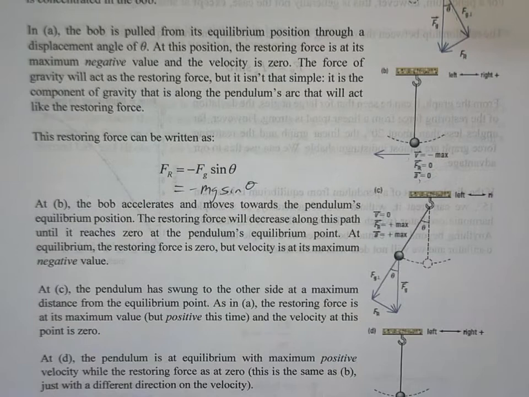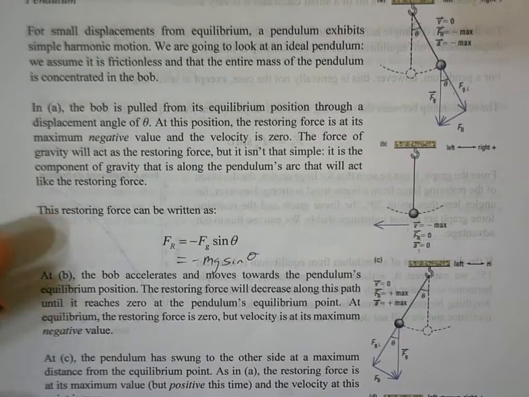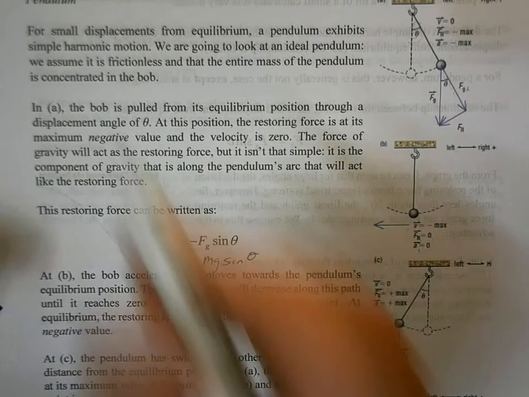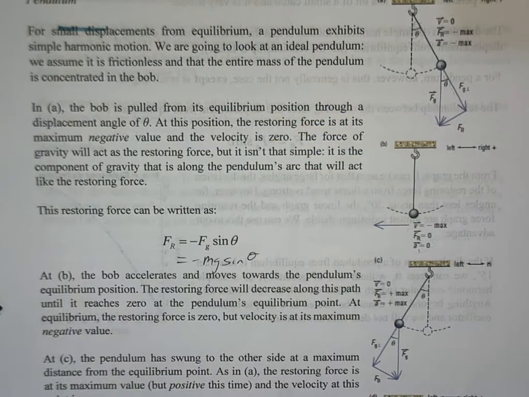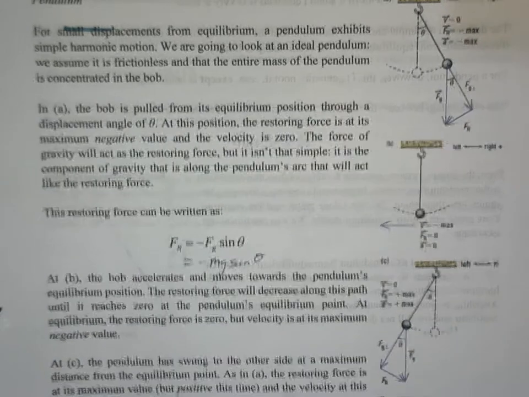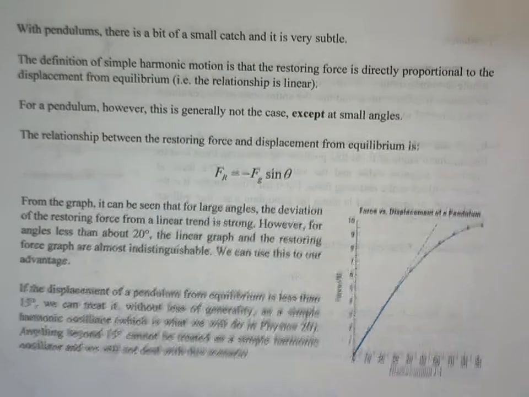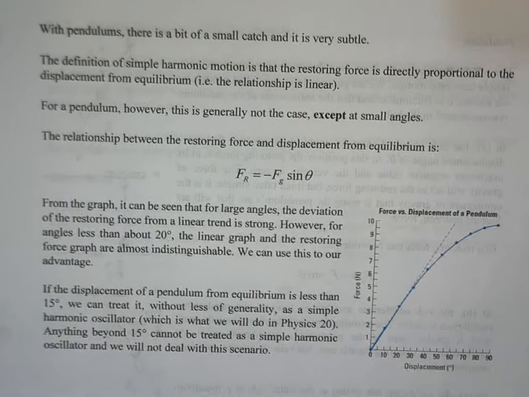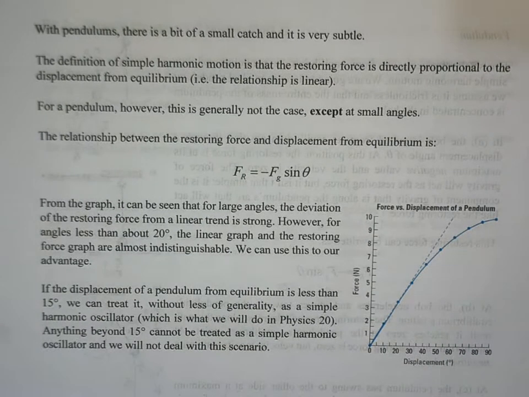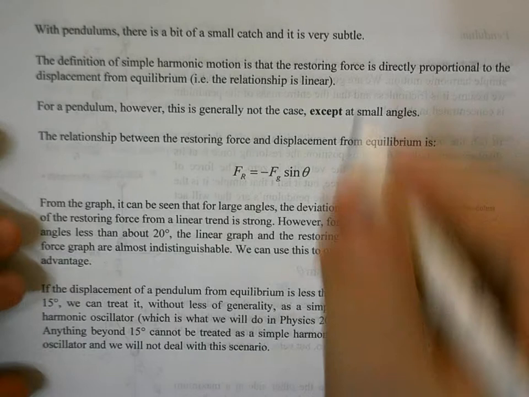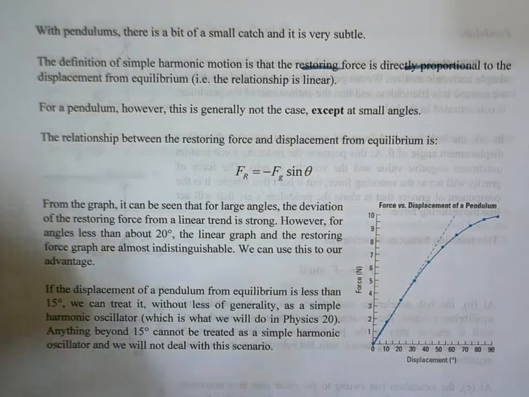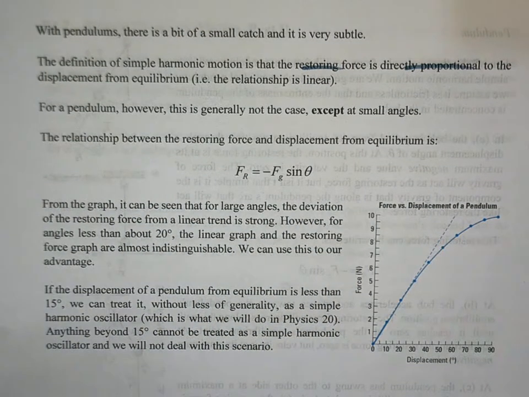All right. Now, we do have to be a little bit careful though. You may have noticed I wrote the word small displacement from equilibrium. This is where we have to be careful with the caveats, and it's a real subtle thing. When we talked about the definition of simple harmonic motion, the definition is that the restoring force is directly proportional to the distance from equilibrium.